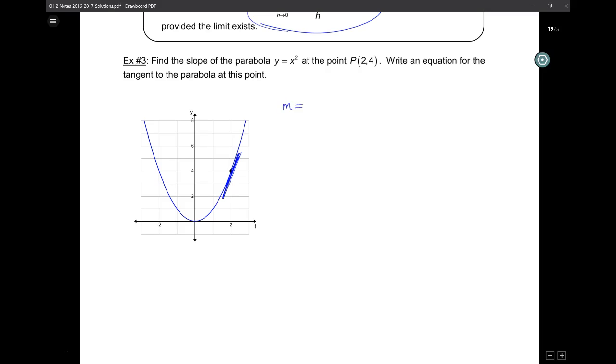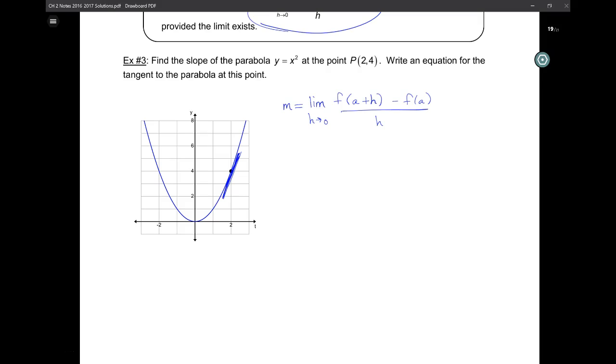So here's the thing. This is an important formula, so I'm just going to write it out. You don't have to write it out again, but it's f of a plus h minus f of a all over h. Now, what is my a and what's the h? The h I'm going to leave in there. h is what I want to take the limit as h goes to 0, so I'm going to do some algebra and manipulate that expression to try to get that h out of the denominator.